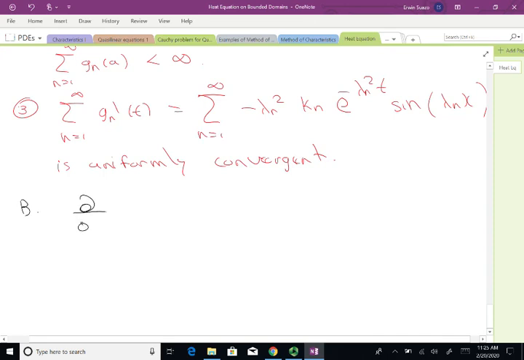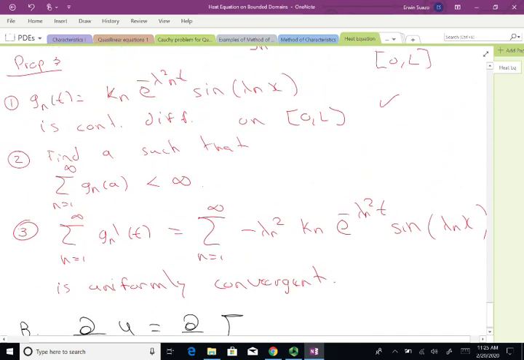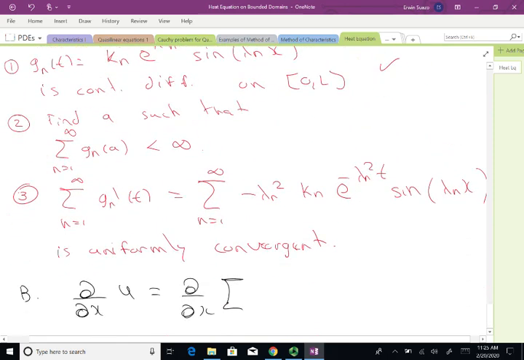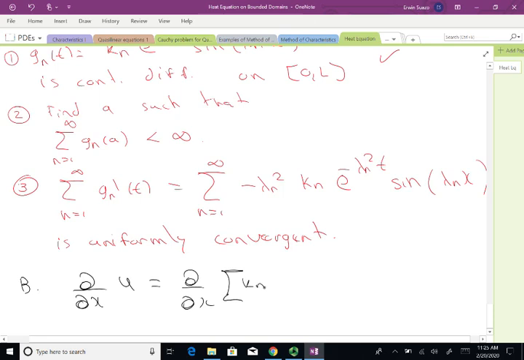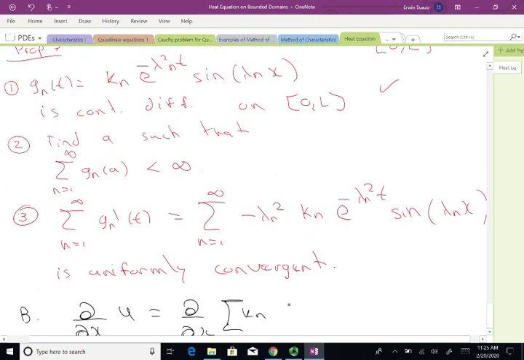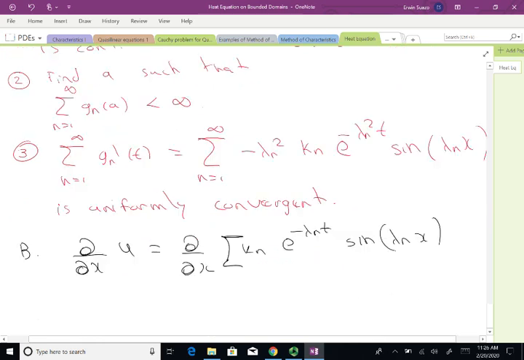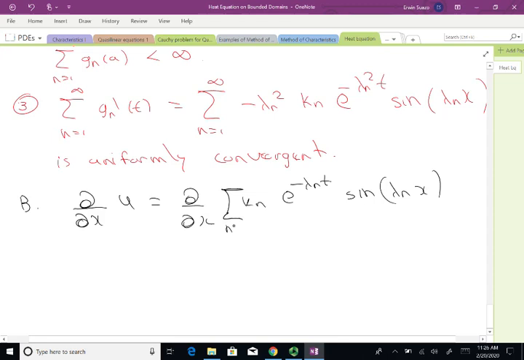Interchange the derivative with respect to x of u. So we want to take the derivative with respect to x of the sum of these terms, Kn e to the minus lambda n squared t sine lambda n x, with n equals 1 to infinity.